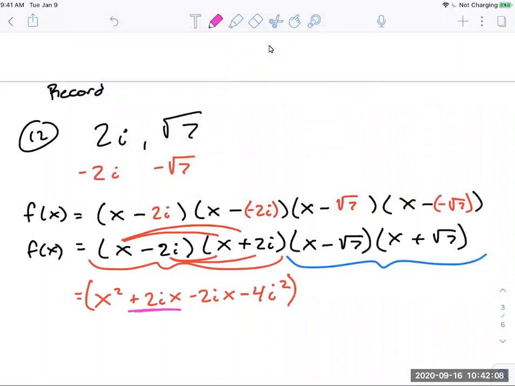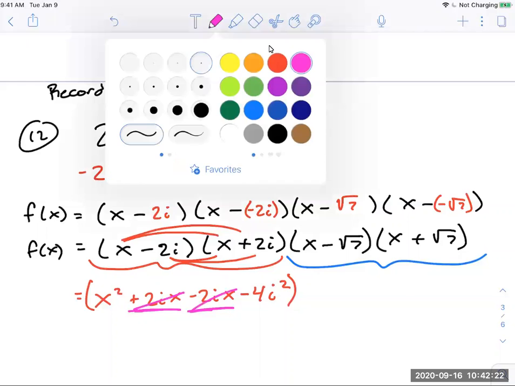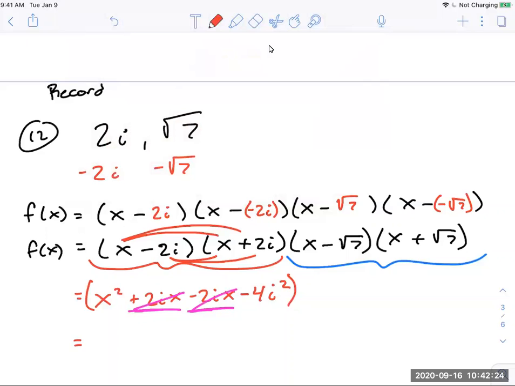What happens here? They cancel out, good. You have a positive 2ix and a negative 2ix. These two are just going to cancel with each other. So I have x squared minus 4i squared.